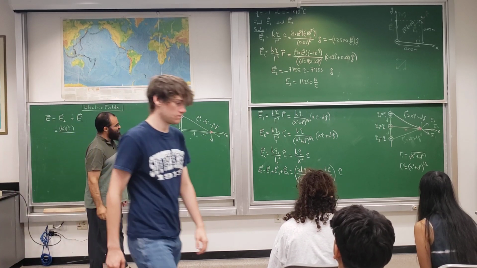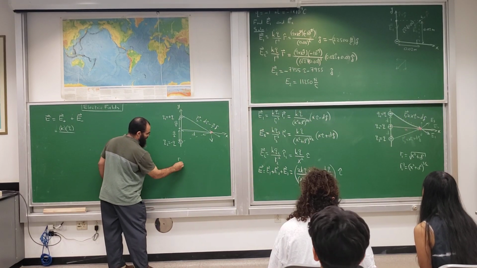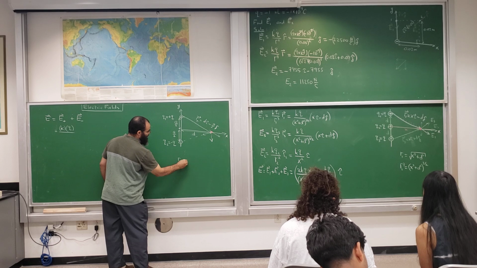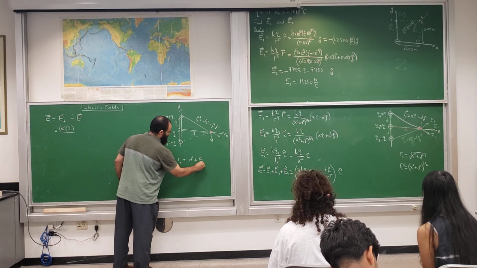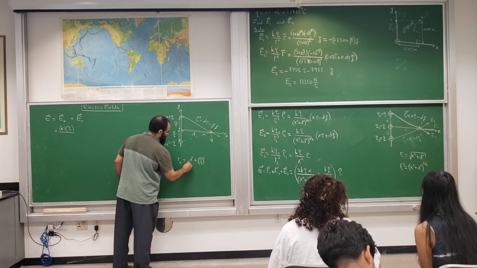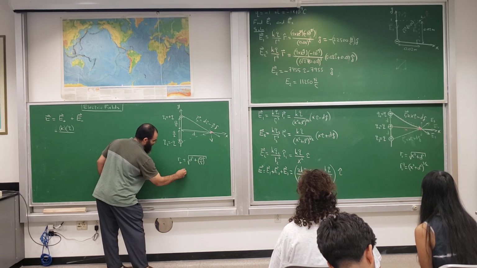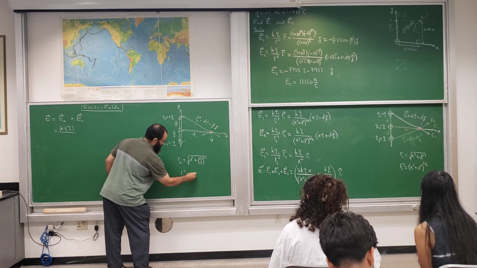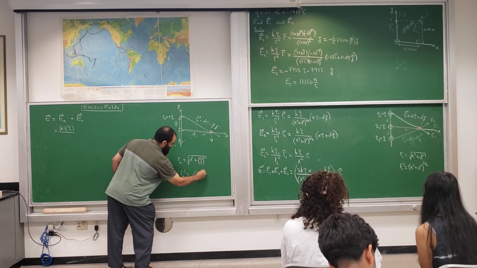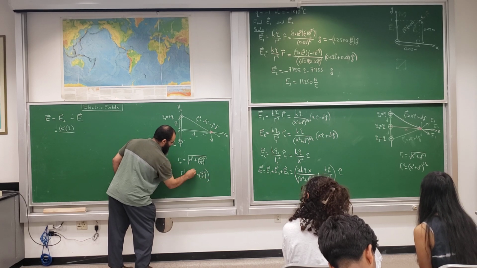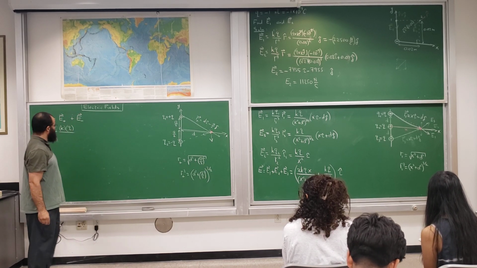Good. So the magnitude of R plus is going to be the square root of D squared plus A over 2 squared, right? And so R plus cubed is going to be D squared plus A over 2 squared to what power? Yes, we did this earlier. 3 halves.